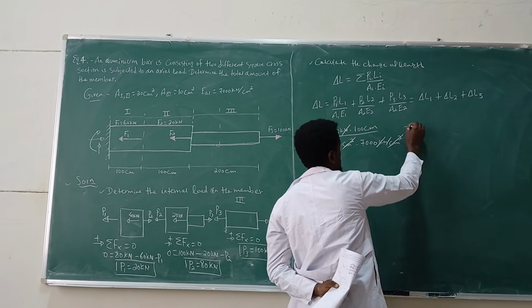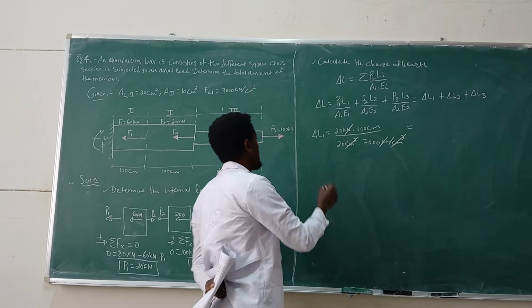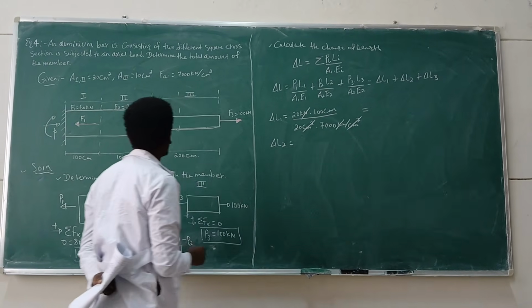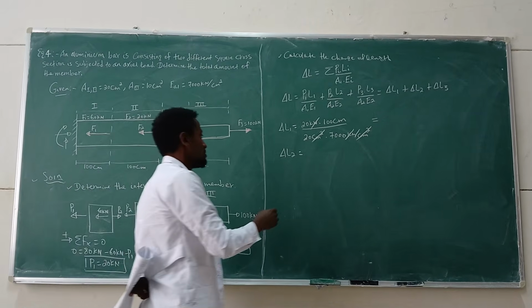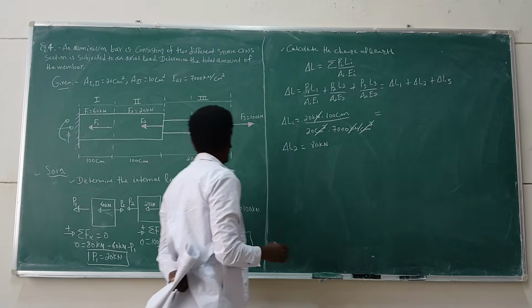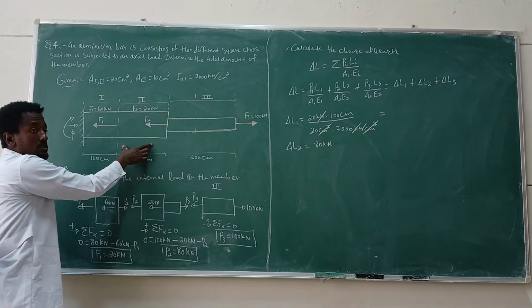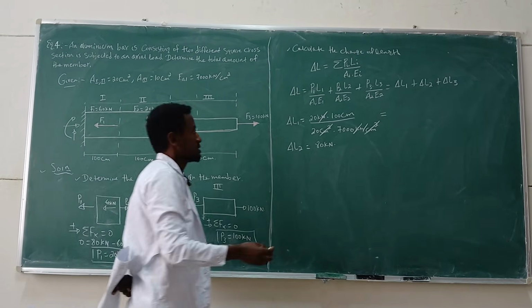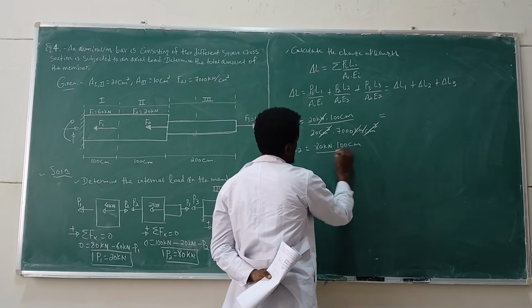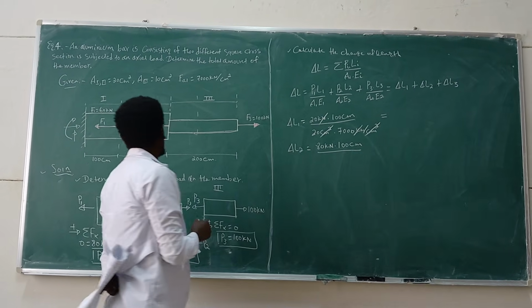Then you get the value here. Change of L2 is equal to P2, 80 kilonewton, times the length of part 2, 100 centimeter, divided by area 2.